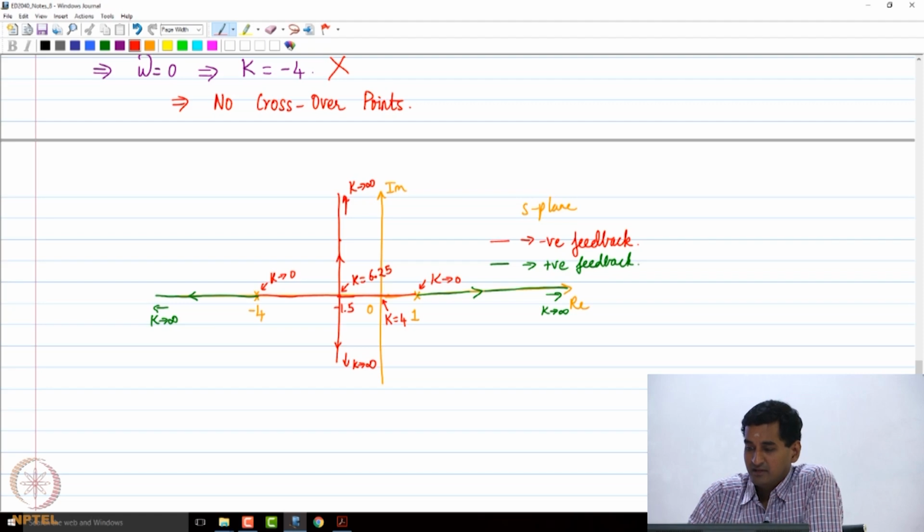So, you can immediately observe that once you have positive feedback, what can you say about the stability of the closed loop system?